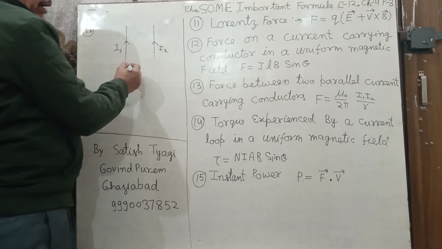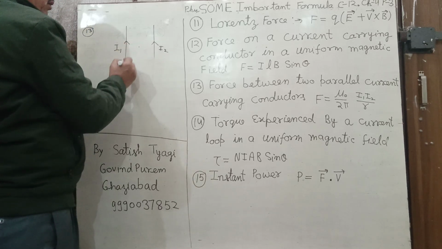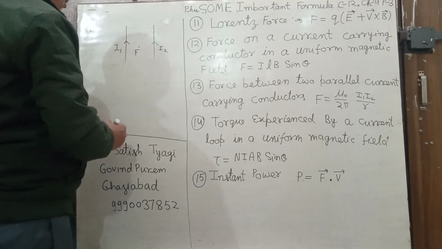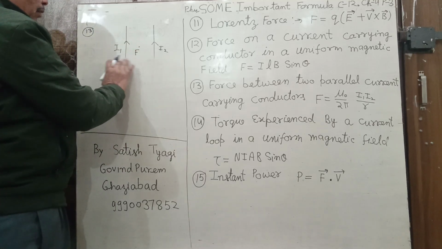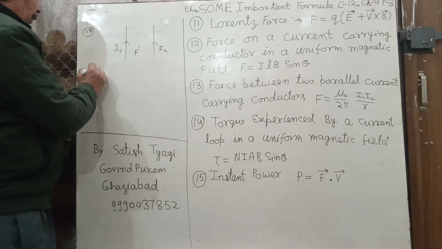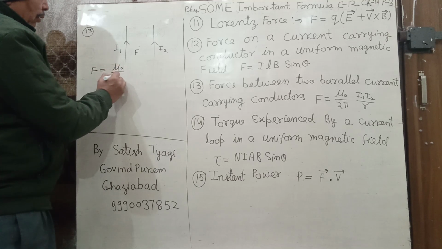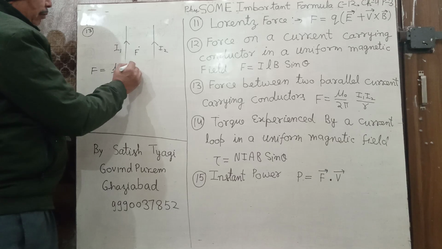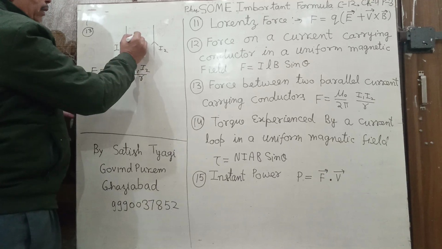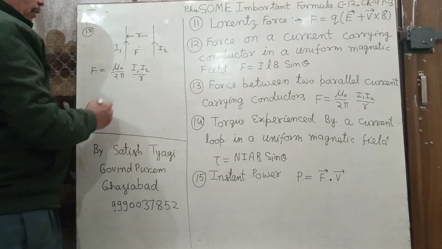The force per unit length, F per unit length, is F equal to mu naught upon 2 pi, I1 I2 upon R. R is the perpendicular distance between the wires.